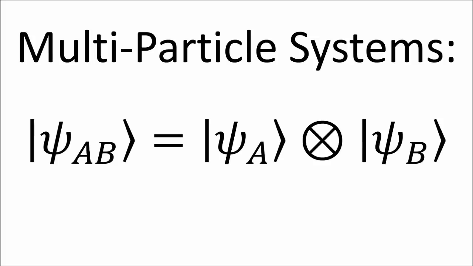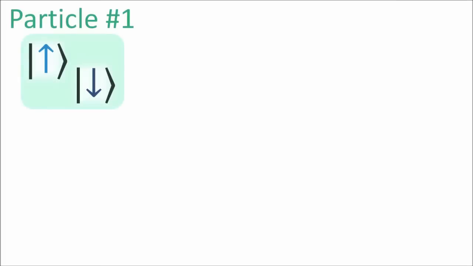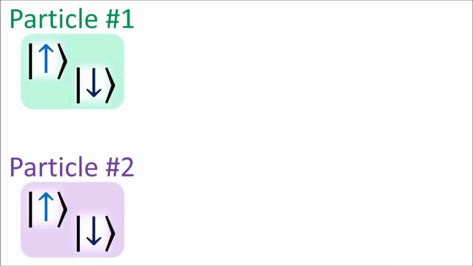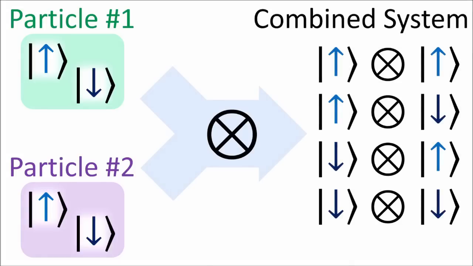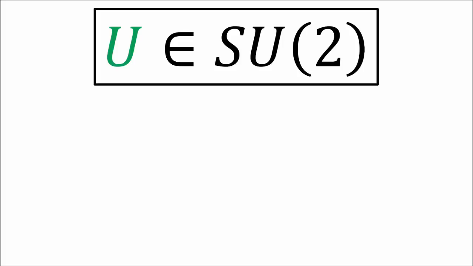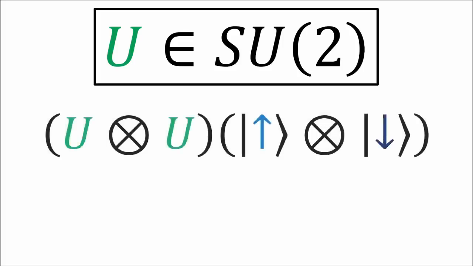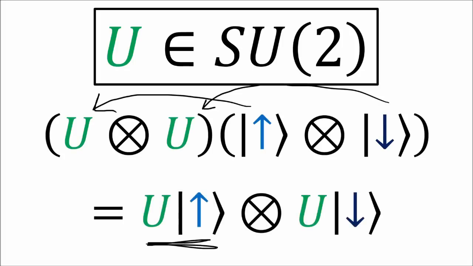When we deal with systems of multiple particles, the laws of quantum mechanics say that we must combine the particle states together using the tensor product. For example, if we have a system of two spin 1/2 particles, each with two states, then the tensor product space has a basis given by all possible pairs of particle states. We can rotate these state pairs using the tensor product of a pair of SU2 matrices.